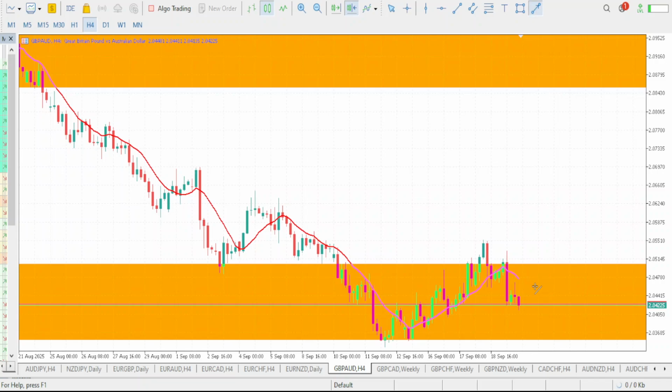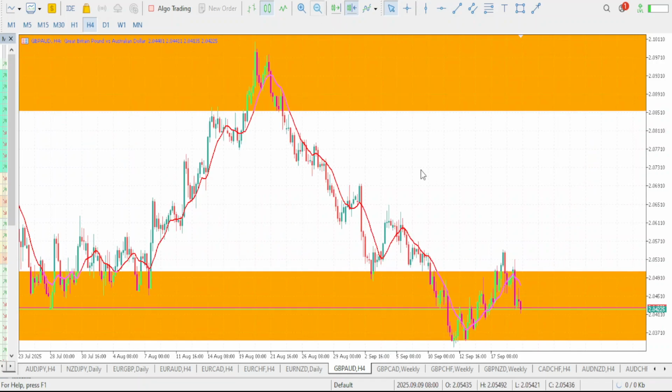If not, we are likely to see drop more and then push up. So above all, our forecast on GBP Australian dollar is the movement to the upside. So that is exactly what we should be expecting on GBP AUD for this week.